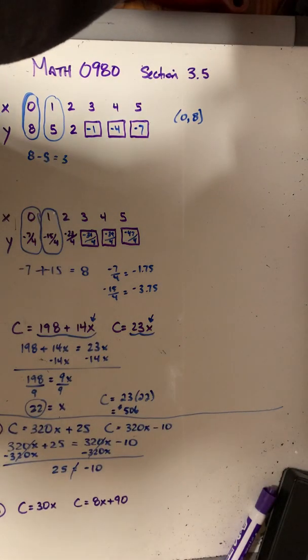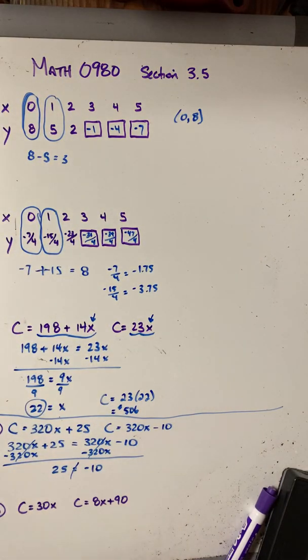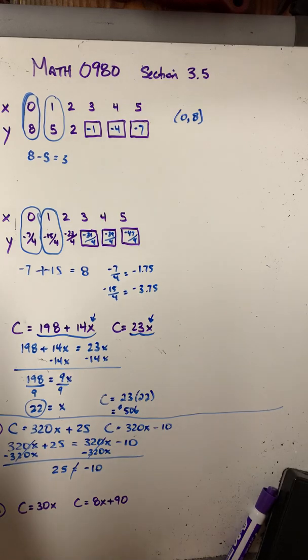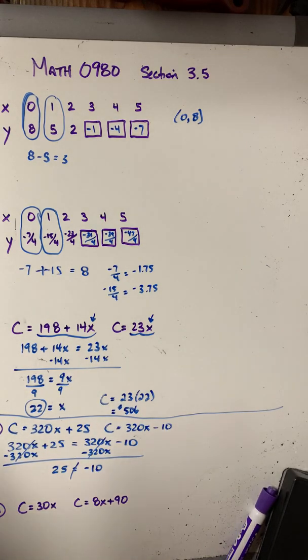All right, and then finally question number 5, I just want to do the setup for you. I'm not going to finish the problem. But it says a rental company gives 2 options for the daily cost of a car. One option is to pay $30 a day, so that's $30 for every day, which is X, and they give you this function, C equals 30X, where X is the number of days the car is rented.